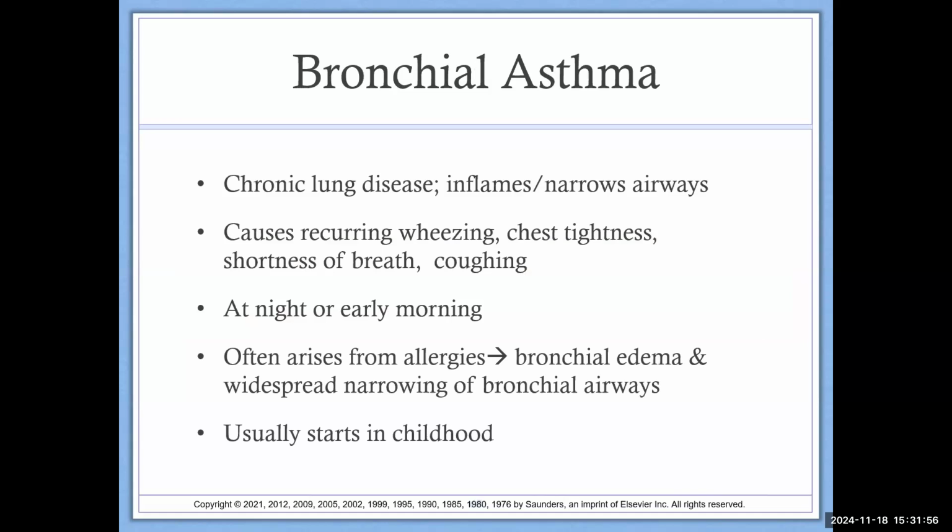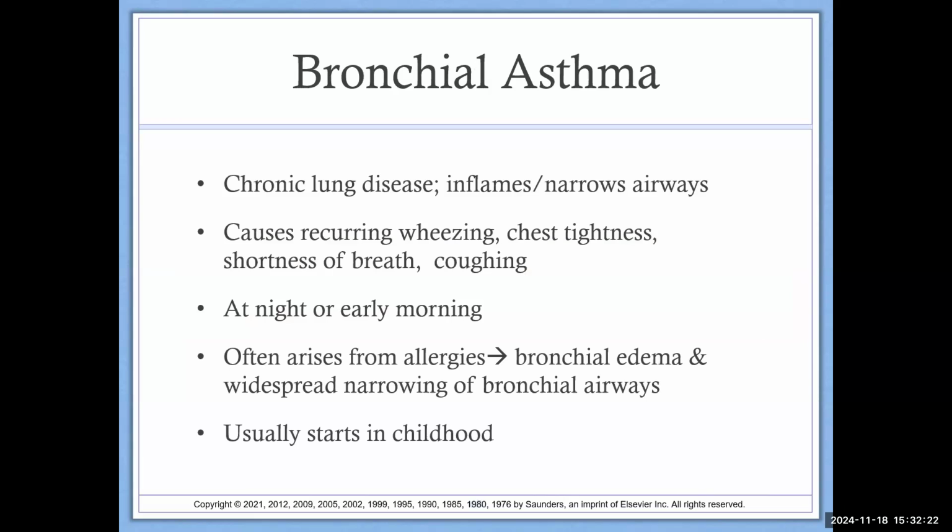Bronchial asthma is a chronic lung disease where the airways are inflamed, and when they're inflamed, the opening is narrowed. That causes wheezing, chest tightness, shortness of breath, and coughing, and it's usually at night or early morning. It often comes from allergies. And then there is bronchial edema, or swelling, and a widespread narrowing of bronchial airways everywhere.